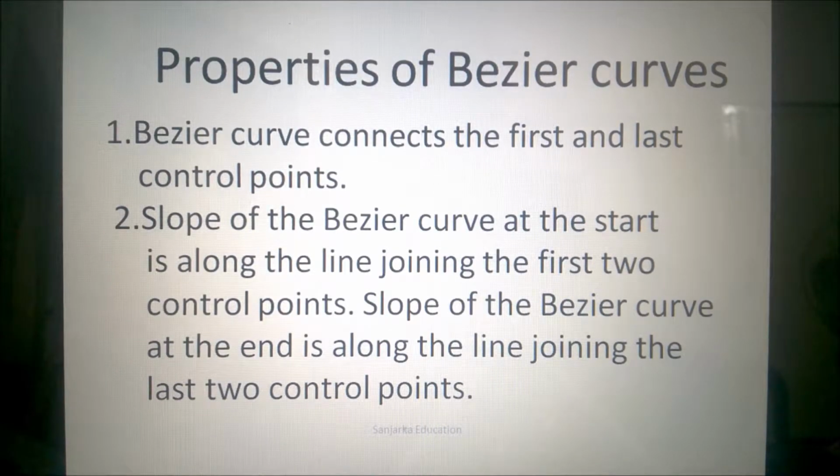As I already discussed the properties of the Bezier curve, here I have given them in writing. Bezier curves connect the first and the last control point. This is the first property. Second property is that the slope of the Bezier curve at the start is along the line joining the first two control points, and the slope at the end is along the line joining the last two control points.